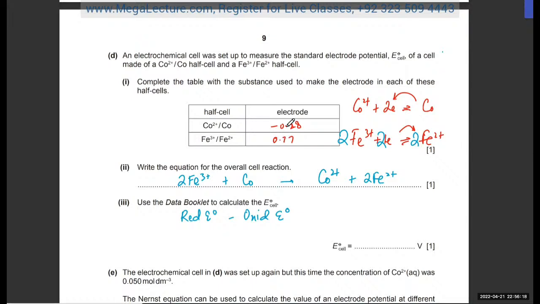When you calculate a difference, it's higher minus lower, so the other side would automatically become minus. So it's going to be 0.77 minus 0.28, and that's 1.05.